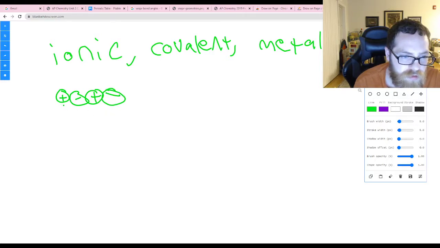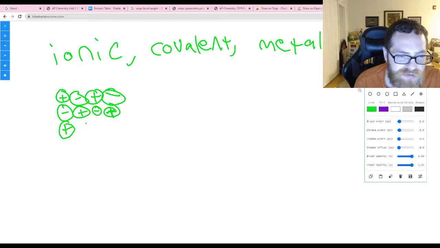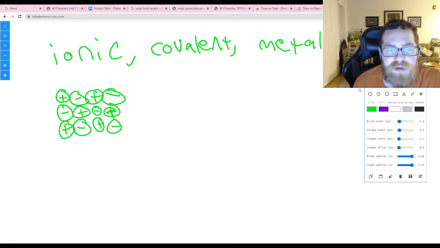Imagine this going in every direction, into the page, out of the page, into your screen, out of your screen, to the left, to the right, up and down, pretty much infinitely until the end of the compound, rather. There's not really a limit to how big these can be.